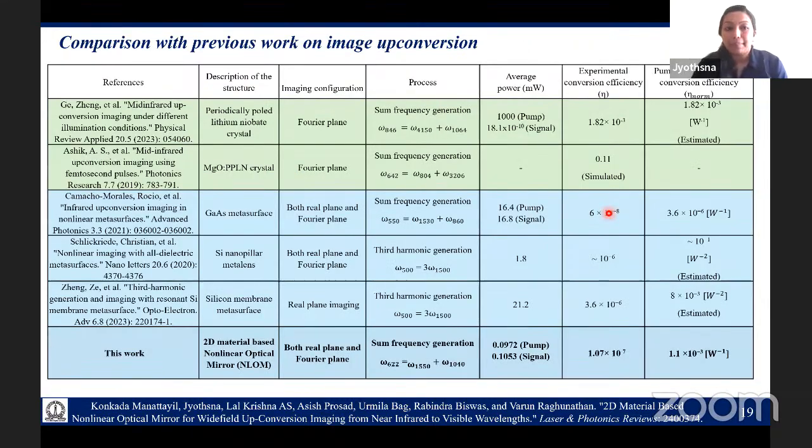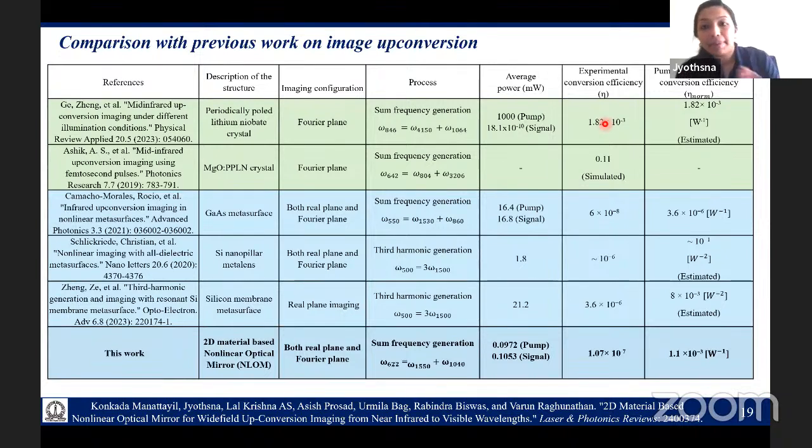We compared the performance of our upconversion imaging system with some previous implementations based on nonlinear crystals and metasurfaces. The implementations using nonlinear crystals used long crystals, and the pump power was much higher, but the conversion efficiency was also high.